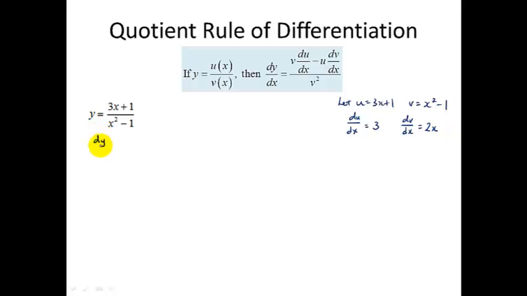Now we are ready to use the quotient rule here. So dy/dx is equal to, following the formula, v times du/dx minus u times dv/dx, over v squared.